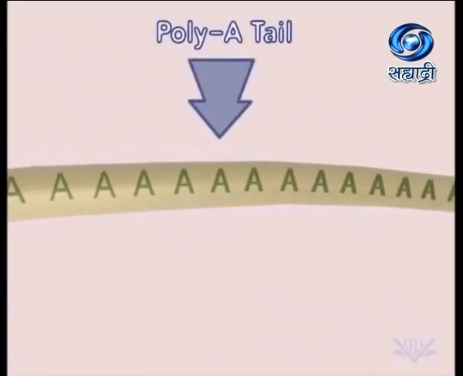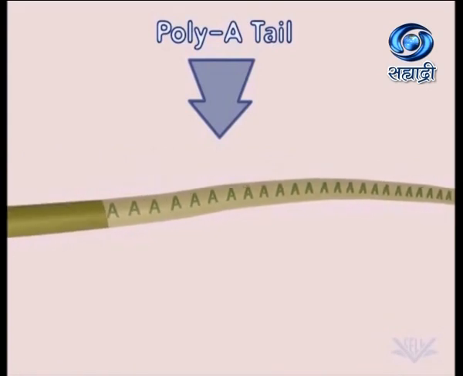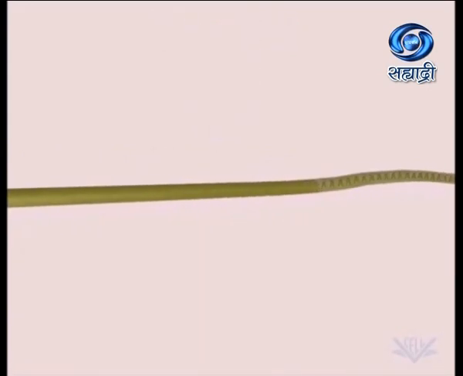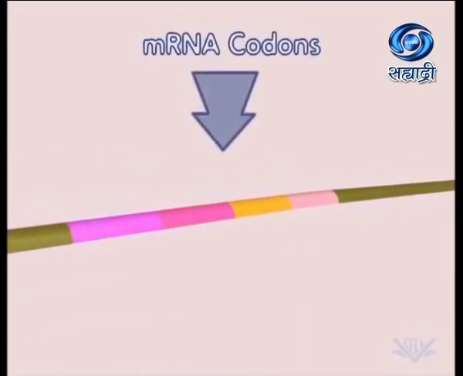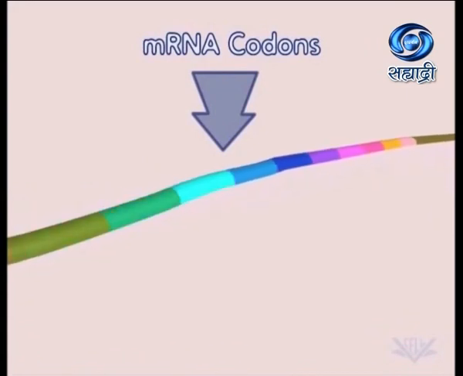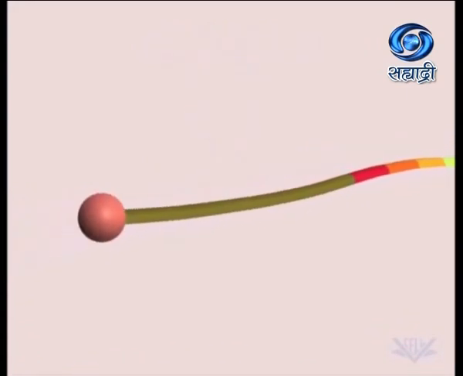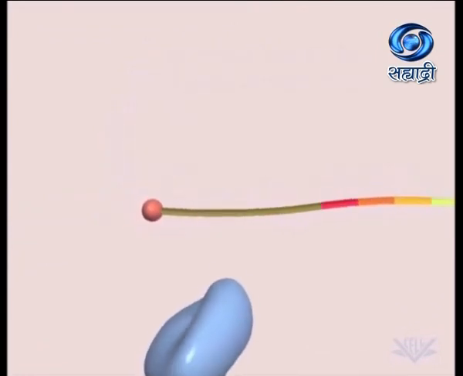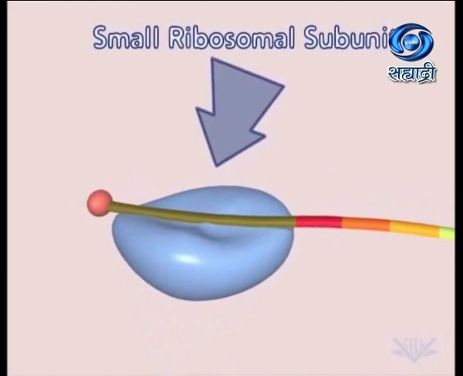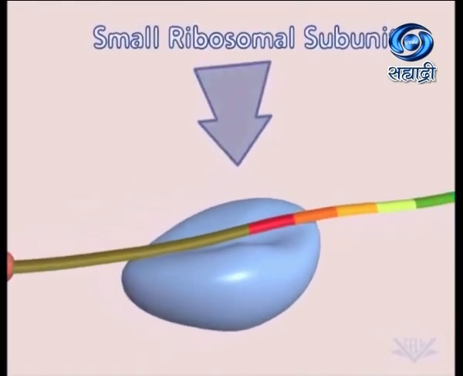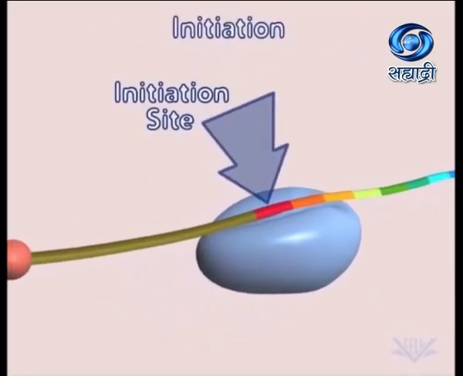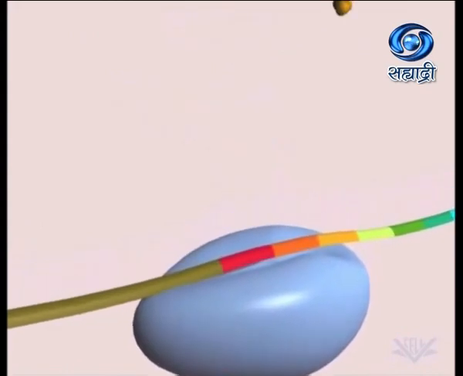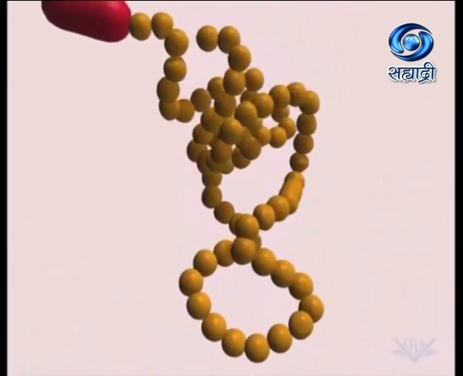This is mRNA. UTR you are observing. On this side also, UTR you are observing. So the smaller subunit of ribosome gets attached. That is the initiation site.